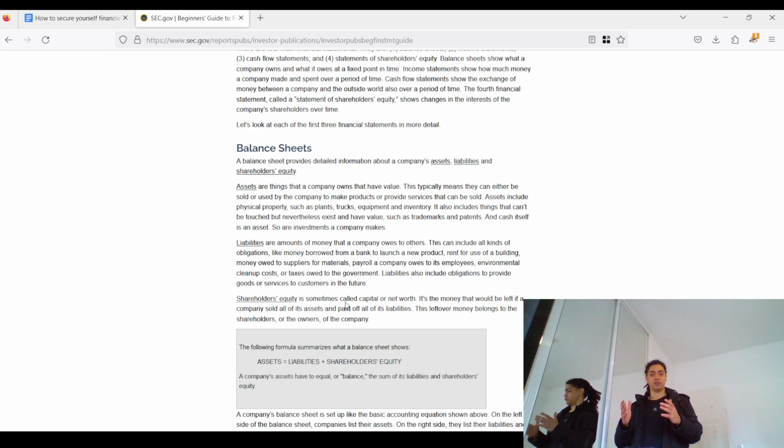Liabilities are obligations that a company has to pay to its vendors, providers, or customers. And shareholders' equity is the capital or the net worth. So if a company hypothetically decided to sell all of its assets and pay off all of its liabilities, the leftover money belongs to the shareholders.